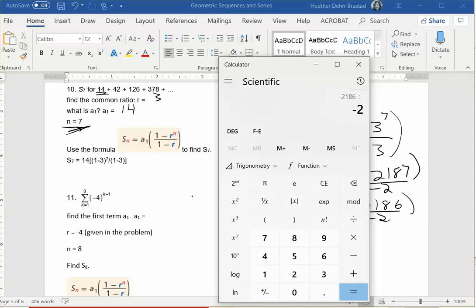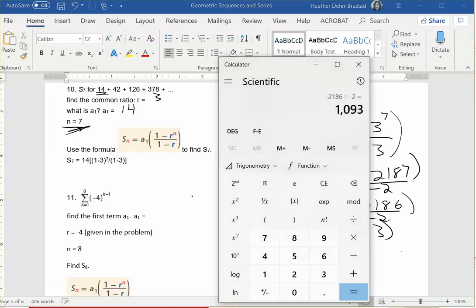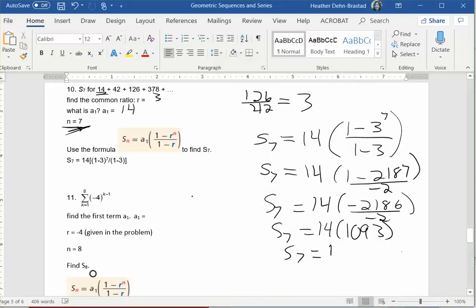So negative 2,186 divided by negative 2 will be a positive number, 1,093. Now I can multiply these together and get 15,302. And that is my answer for number 10.